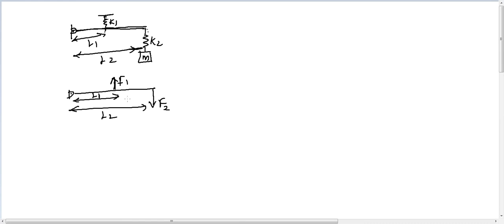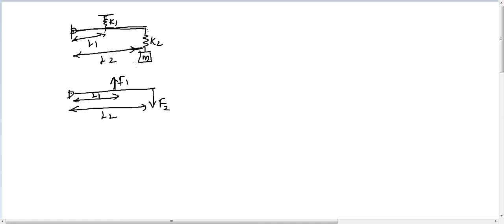This force F2 is trying to rotate this bar in the clockwise direction, which is opposed by the counterclockwise moment from this spring.